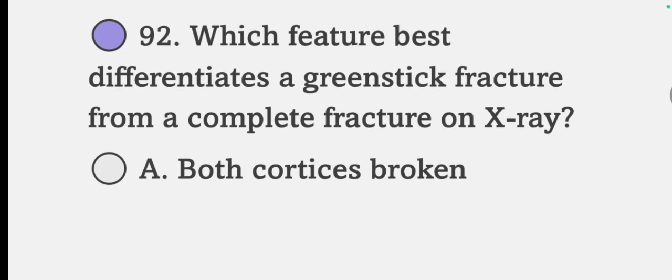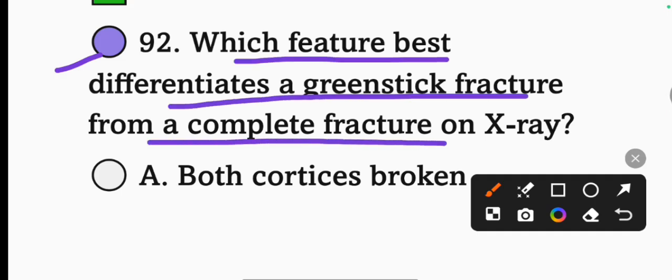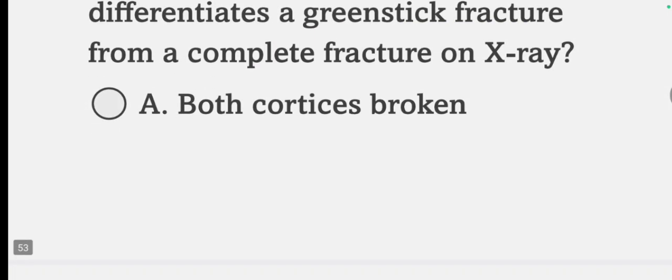Now come to 92 questions. Which feature best differentiates a greenstick fracture from a complete fracture on X-ray? So greenstick fracture is actually seen in children, as a child's bone is soft and very pliable. There are two cortices in a bone; in a greenstick fracture one cortex is broken and the opposite cortex is bent, called plastic deformation.